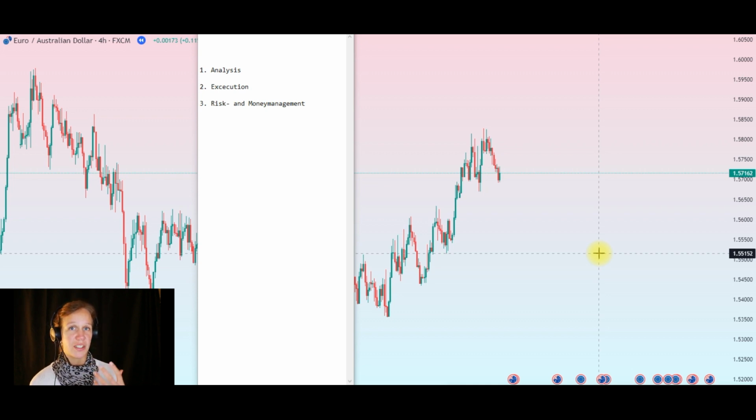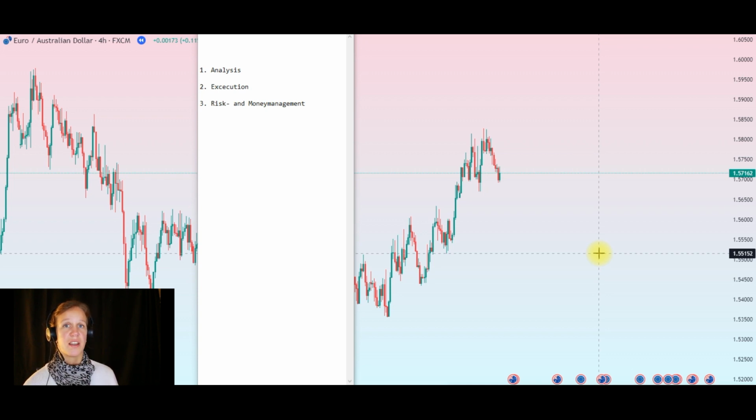The analysis contains everything you analyze on the chart in order to see if there is potential in the market. The first thing, of course, is that we identify the underlying trend in the market. And step 2, we analyze the relevant support and resistance areas.